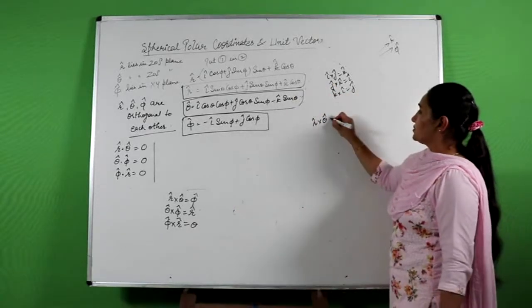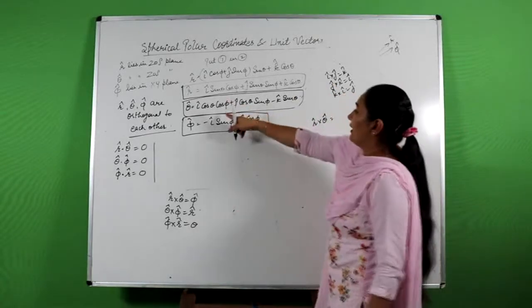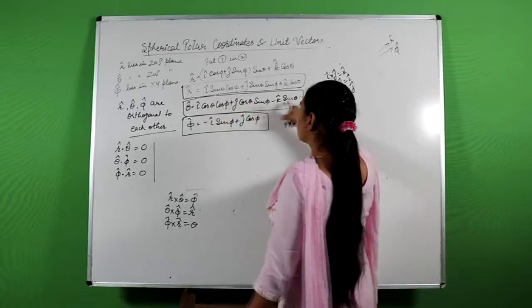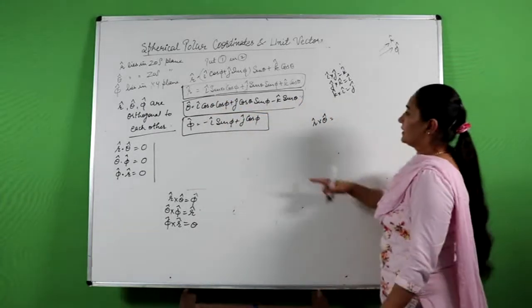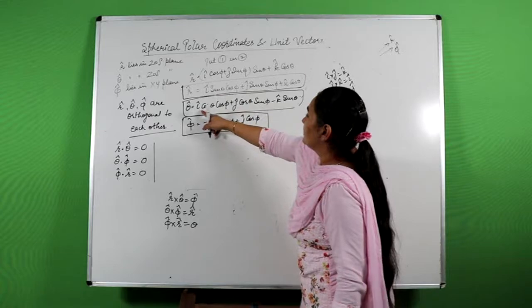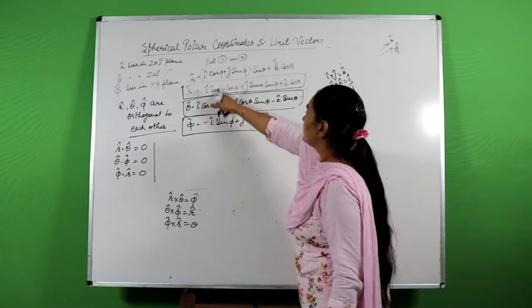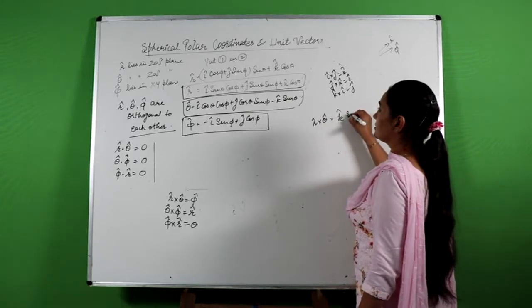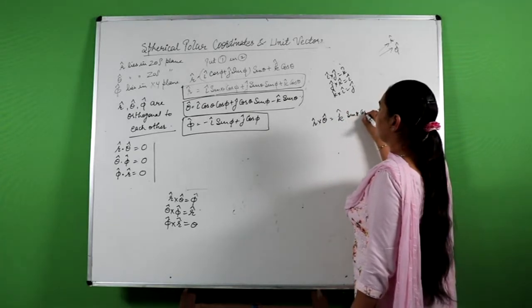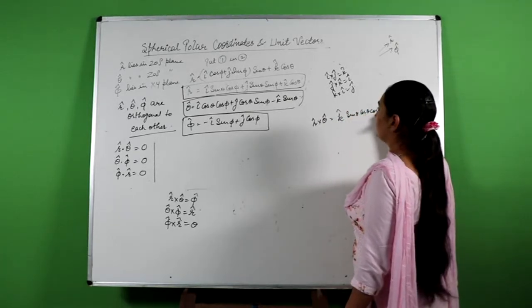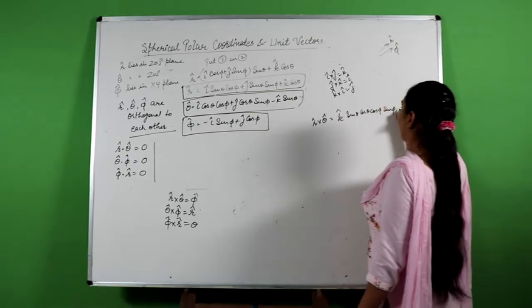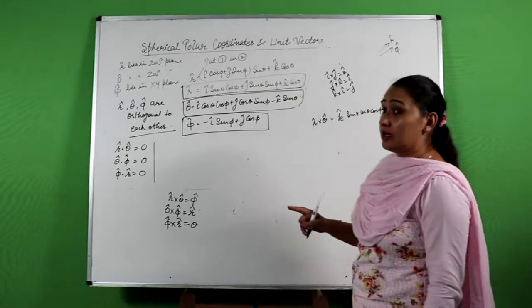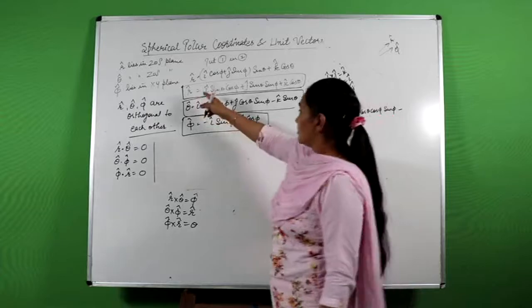So apply these. When I multiply the i component with this whole equation, the first term will give me 0. This will give me k cap sin theta cos phi sin phi, minus. Here the direction is very important.